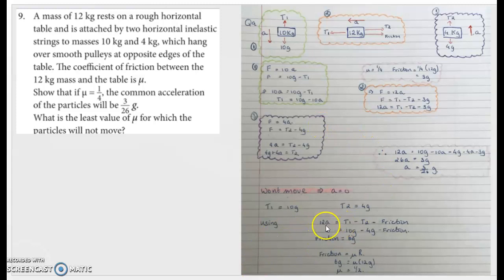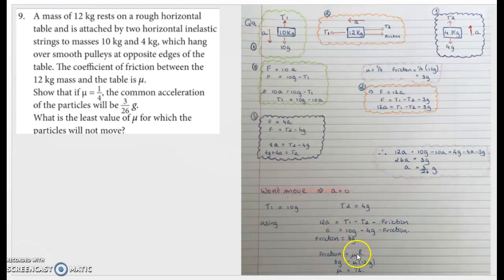So we've got 12a equal to T1, and T1 is now just 10g, minus T2, which is now just 4g, minus our friction. We don't know what the friction is because we have to work out what the friction is. So we know that 10g minus 4g is 6g, and that's our friction.